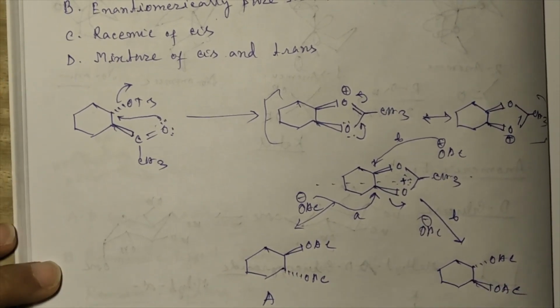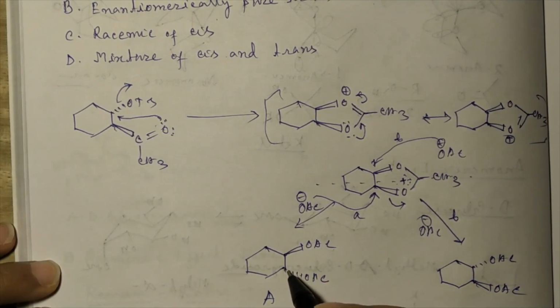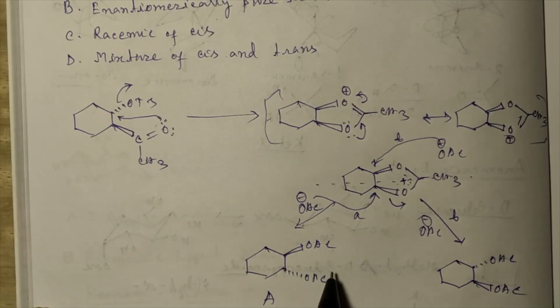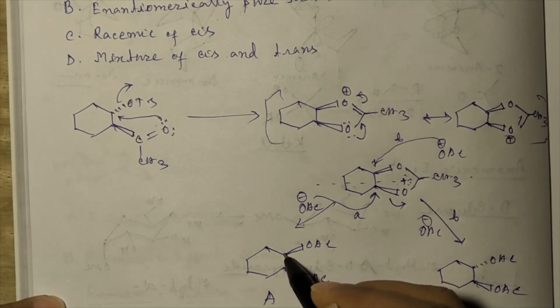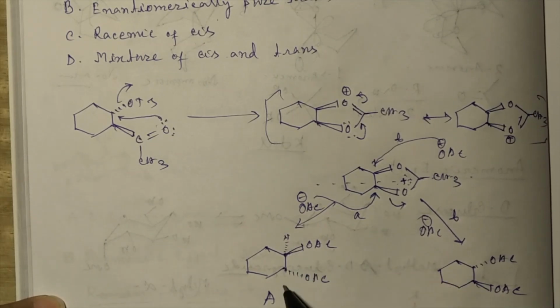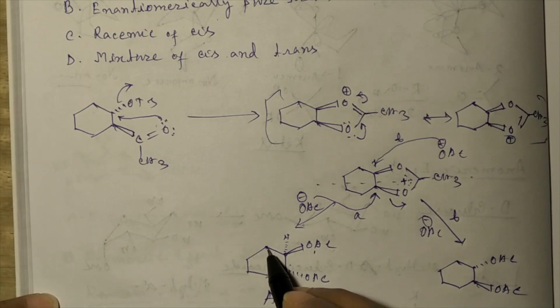Now if we determine the configuration of these two centers, this compound is optically active because it has no plane of symmetry as well as no center of symmetry. According to the CIP rule, the preference of this group is 1, this is 2 and this is 3.